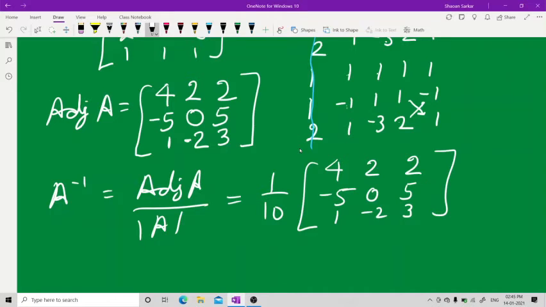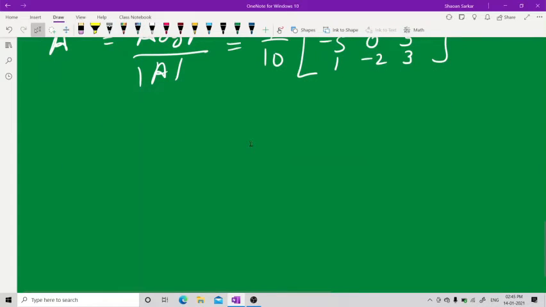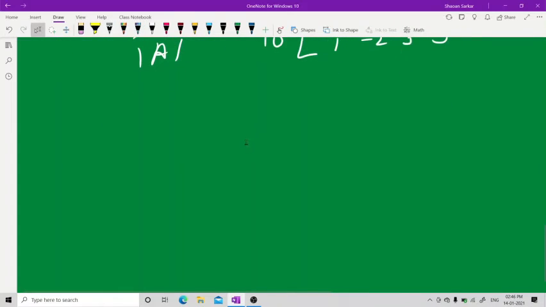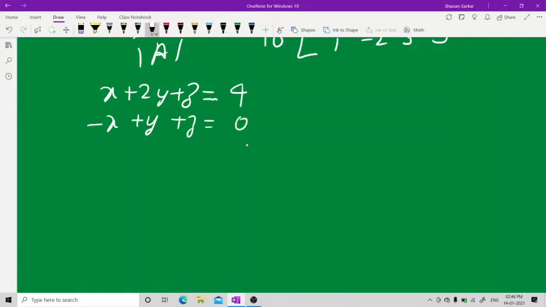Now you have found A inverse. Now you need to solve this equation. See, the equation was given as x plus 2y plus z equal to 4, minus x plus y plus z is equal to 0 and x minus 3y plus z equal to 2.